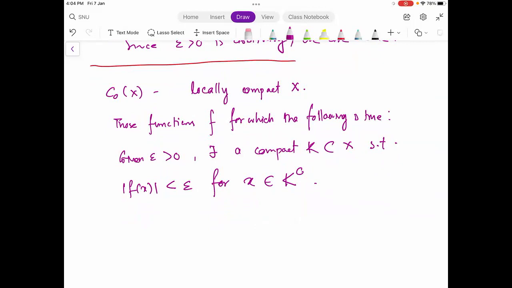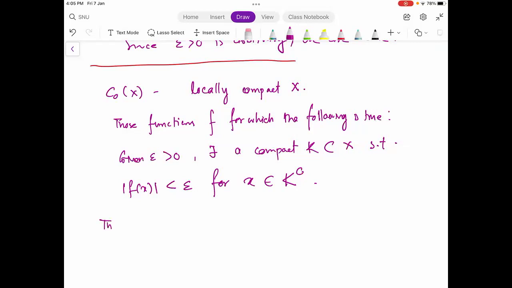When you start with a locally compact X, its one point compactification means that you're adjoining just one point to make it compact. This is possible. So if that point is called infinity, then any neighborhood of infinity really is just a complement of a compact set. So what you are saying is the function is going to 0 near infinity. That is, given any epsilon, there is a neighborhood of infinity where the function is smaller than epsilon. That precisely means that the function is going to 0 at infinity. That's why.